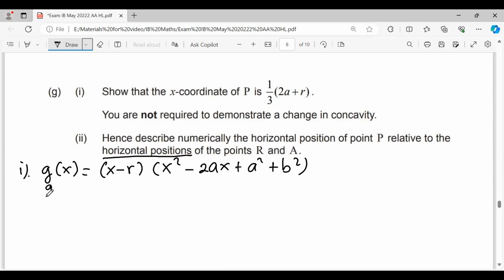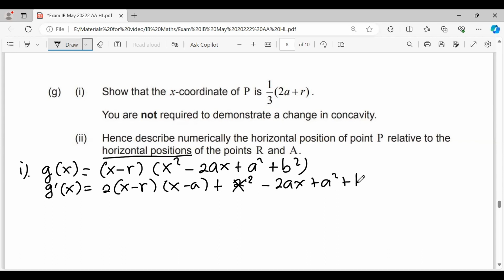And the derivative is now 2 times x minus r times x minus a plus x squared minus 2ax plus a squared plus b squared, right?